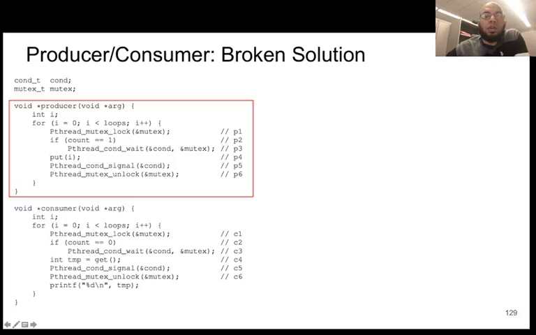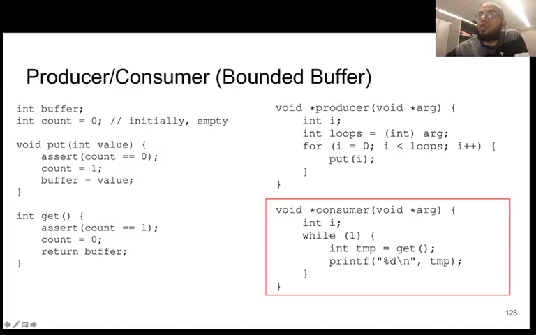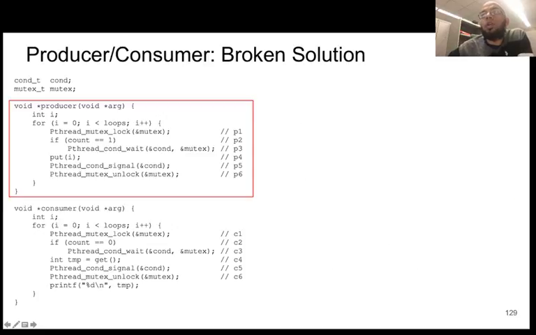And if count is equal to 1, which means there's some data that has been produced before that is stored in your buffer, because count is the number you're using for the number of items in the buffer, right? So if count is equal to 1, that means there's data, so you are going to wait on a condition, and that condition is count should be 0.